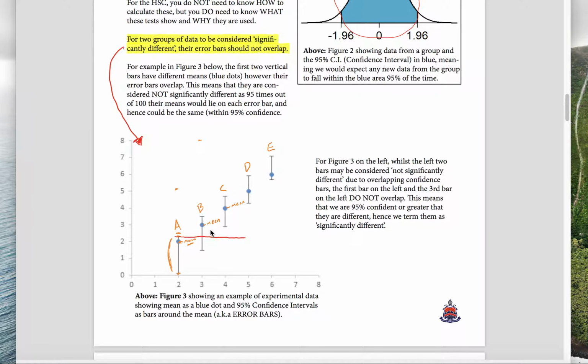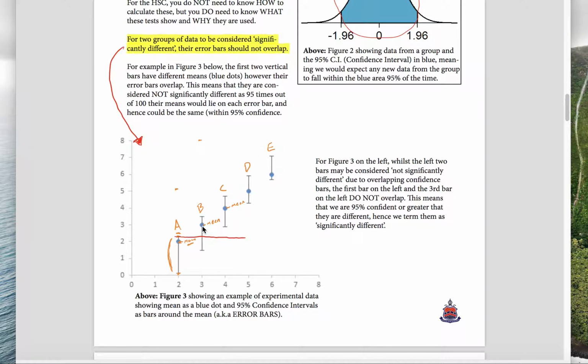We could make the bars show all the data, 100%, but there might be anomalies, and 100% might make the bar extend up here. So for the sake of excluding anomalies, we cut out the 5% of anomalies, and we call this the 95% confidence interval.